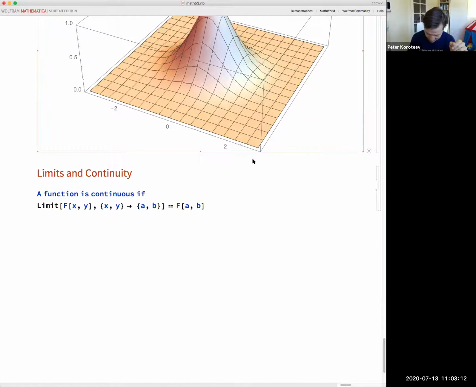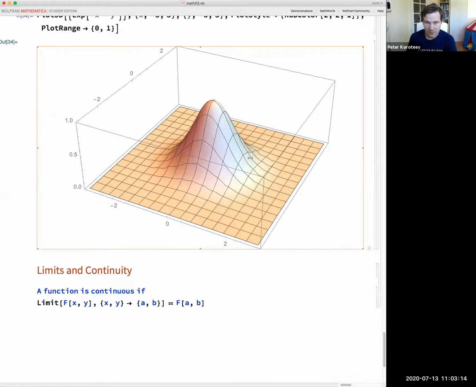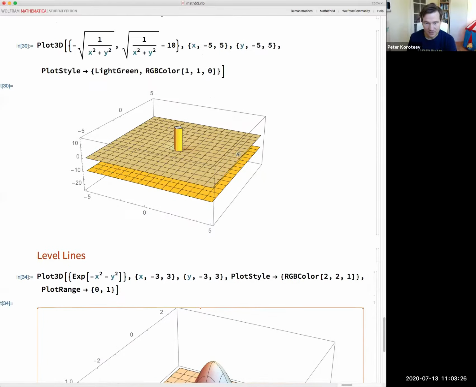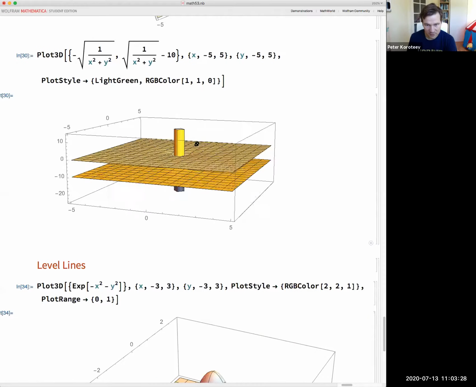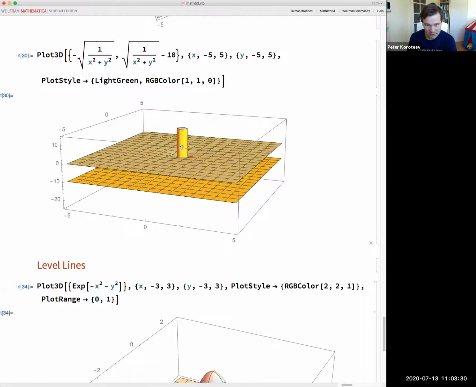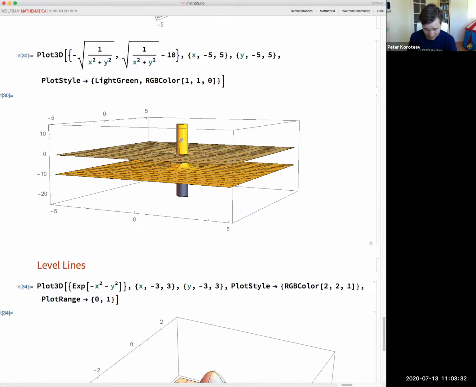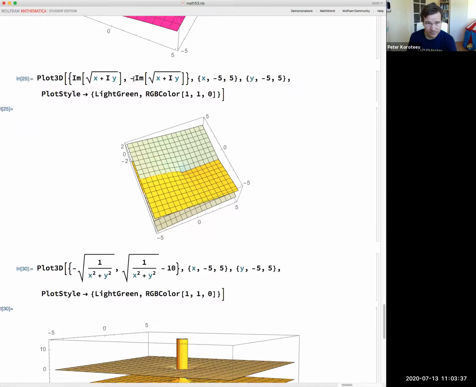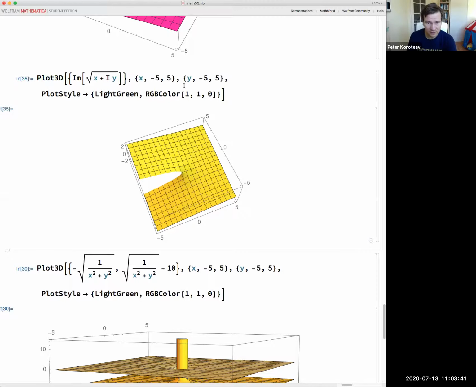Okay, I'm going to remove it for now. So here, the bell is continuous everywhere. Well, you can check it with the formula, but it's more or less clear. These wormholes look a bit creepy, but this is also continuous for all values of x and y. Now this function, let me remove only one part, like this.